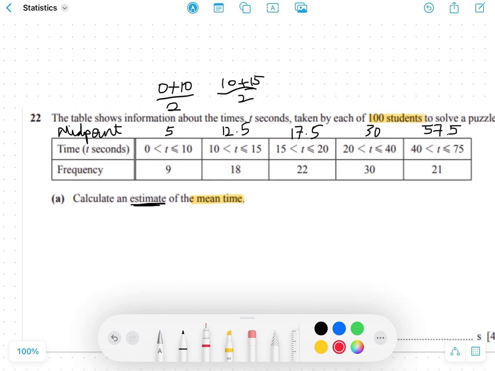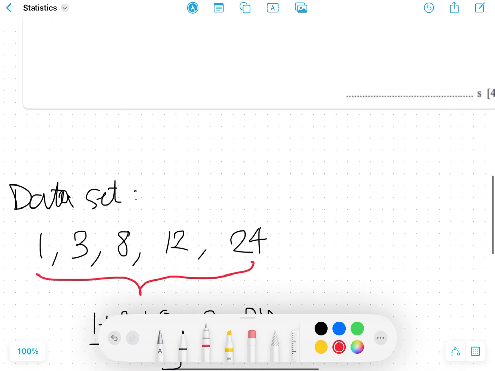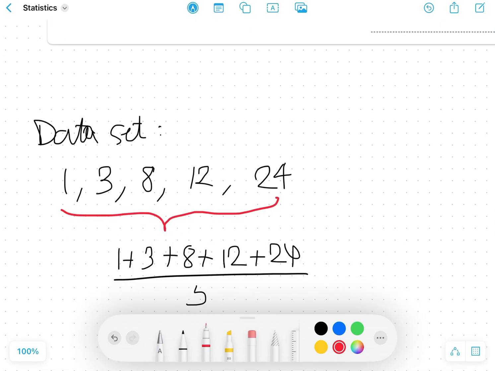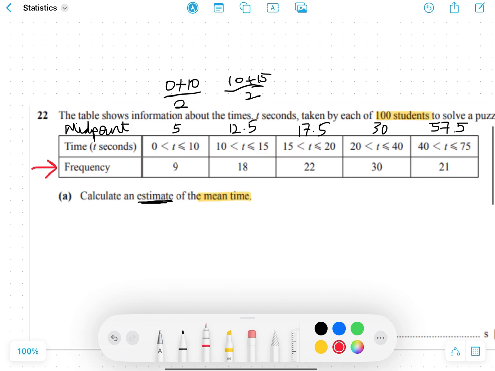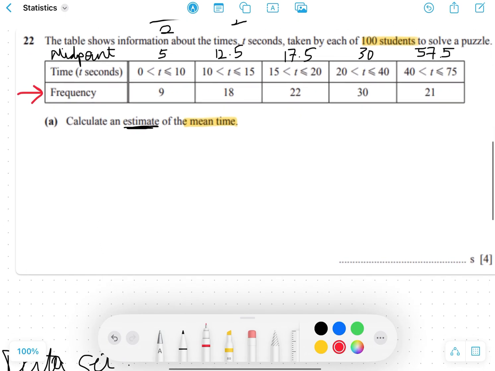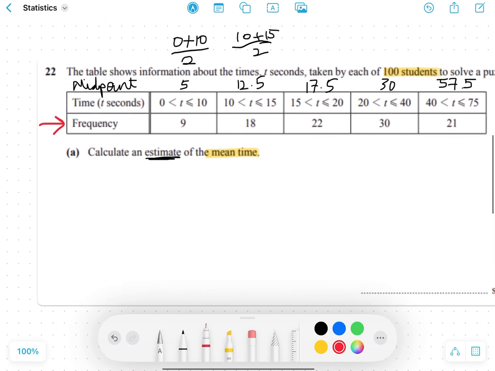But another thing is that we are given the frequency. In the earlier example, the frequency of each number was just 1, which means each unique number appeared just once. But in this case, it appears more than once.